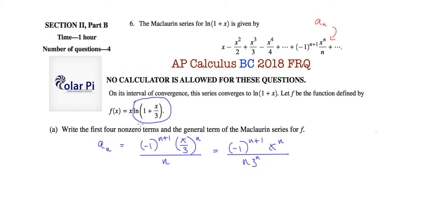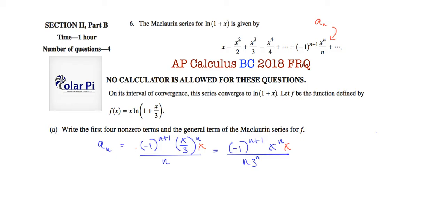So if we want f, all we have to do is multiply by that x right there. I can multiply in front, but I'll write it right there. Now, this a_n, which is right here with that red x, is the nth term in the Maclaurin series expansion for this function f.